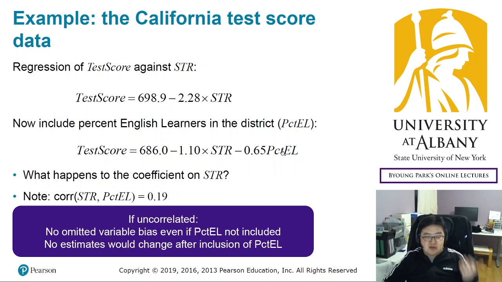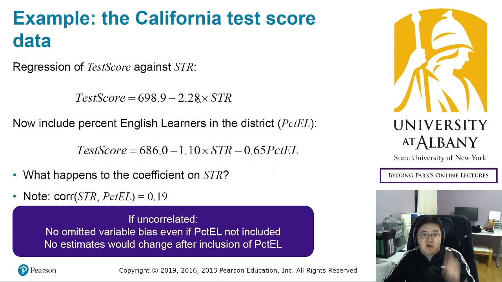So the first step of the indirect channel is 0, so you don't need to include this. It is not relevant in your analysis. And second, if the correlation was 0, then including this variable makes no change on this coefficient.